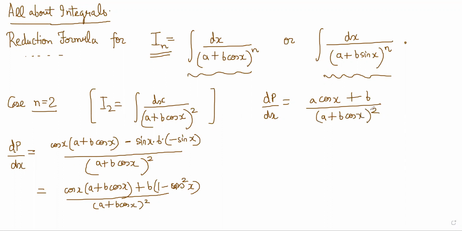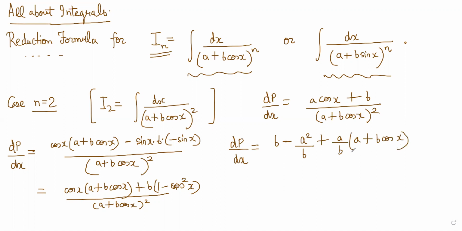So this expression, the numerator, can now be written in terms of a plus b cos x, because we can just add and subtract constants which make that happen. So you can write this as dp by dx is equal to (b minus a square by b plus a by b into (a plus b cos x)).